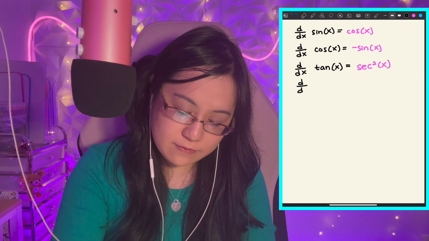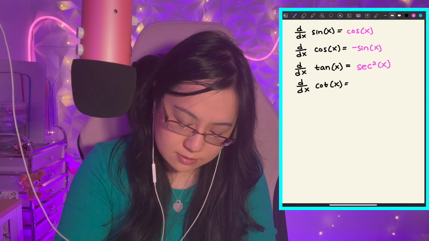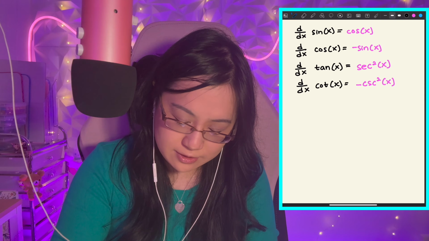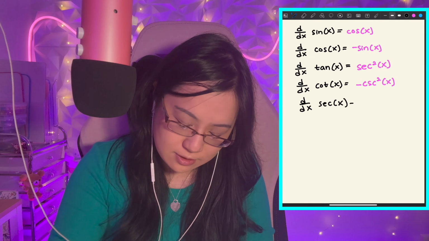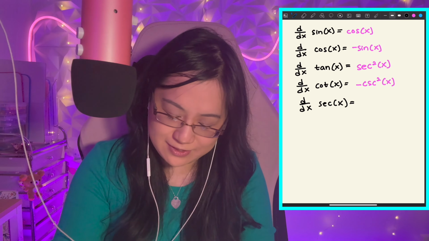The derivative of cotangent is negative cosecant squared. The derivative of secant is secant tangent. Why do I keep doing that?